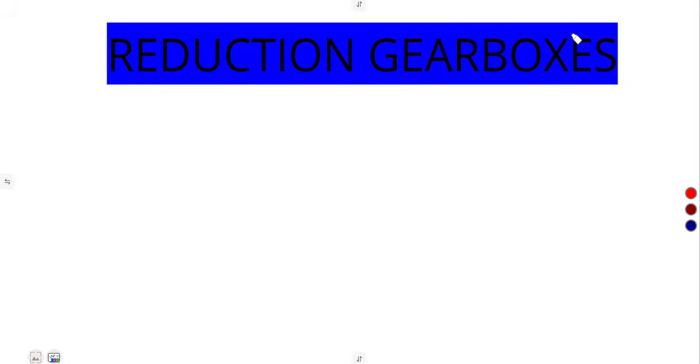We are still on our Mechanotechnics N6, working with the reduction gearboxes, which is part of our module 5. So basically, we need to have the basics from our N4. Just go through working with the gears in N4, all the basics, simple, and those compound gear trains.